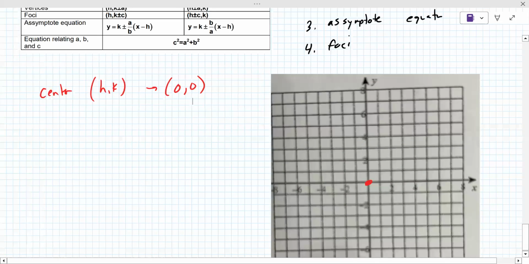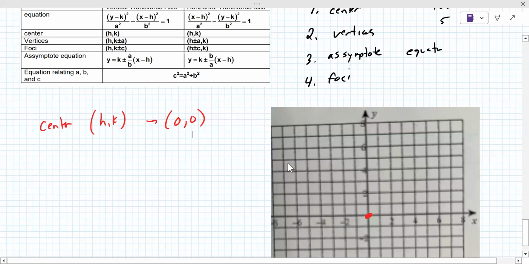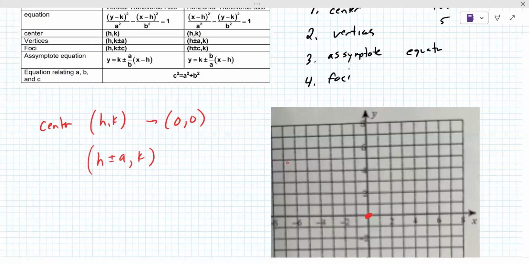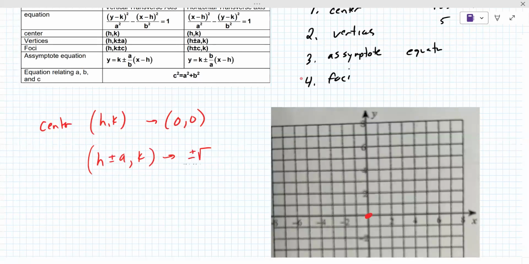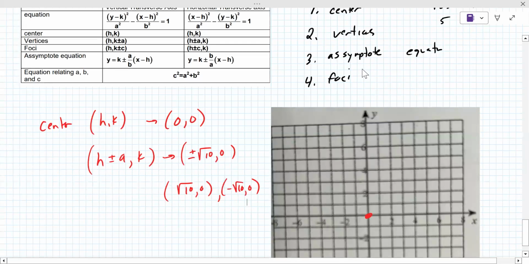Next are the vertices. The vertices are at H plus or minus A comma K. So for you, that's 0 plus or minus your A value, the square root of 10. So plus square root of 10 comma 0, and minus square root of 10 comma 0. That's roughly a little bit bigger than 3, and a negative 3. So roughly there and there.